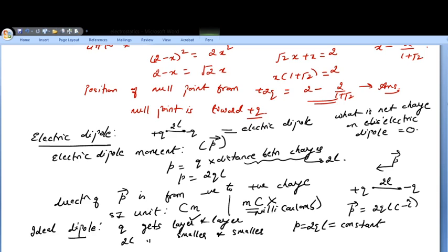Now once this concept of electric dipole is there, because of this electric dipole we want to calculate the electric field intensity.